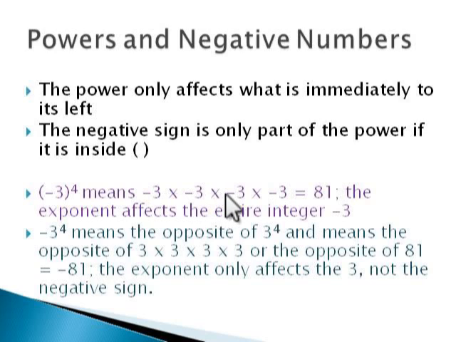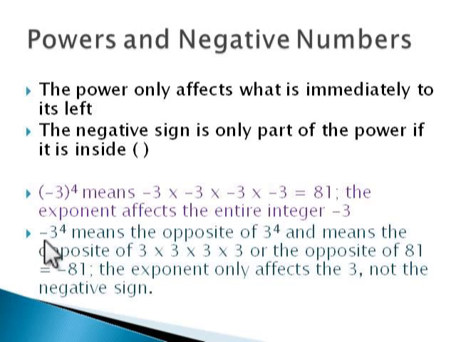A positive times another negative is a negative. And then a negative times another negative would be a positive. So 4 threes, 3 times 3 times 3 times 3 is 81, and it would be a positive 81 because of those negative 3s.